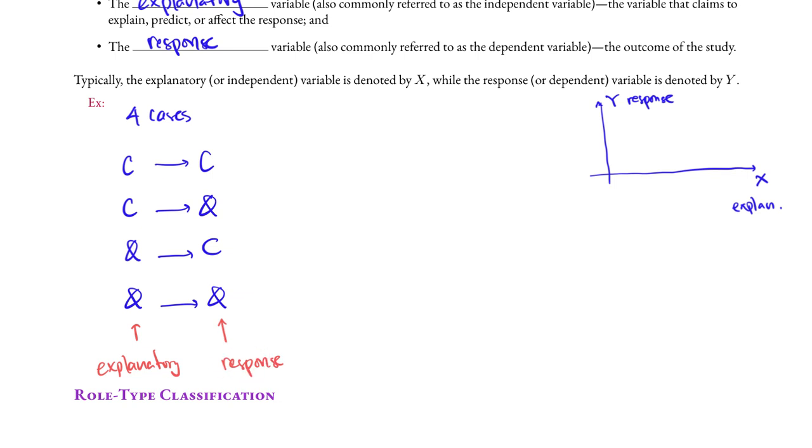We will examine all of these 4 cases in detail. These are also known as the role type classification. Remember that the role will be either explanatory or response. The type will be either categorical or quantitative. So there are 2 types of variable, categorical or quantitative, and there are 2 roles, either explanatory or response.